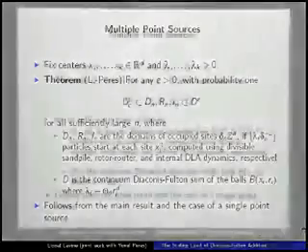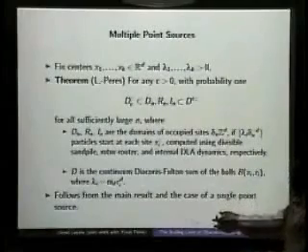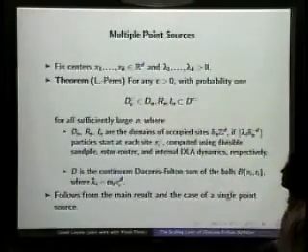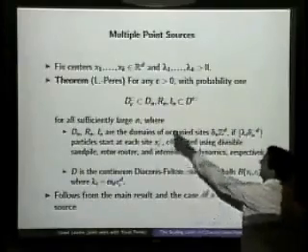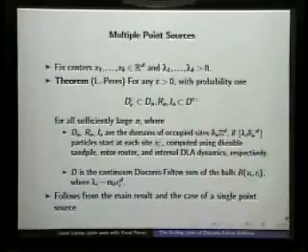When you take that Diaconis-Fulton sum, you'll get some domain D. So if you started with multiple point sources, you can squeeze your discrete lattice sets in between epsilon neighborhoods of this D. And so once we prove the main result, this fact for multiple point sources follows from that and the case of a single point source.